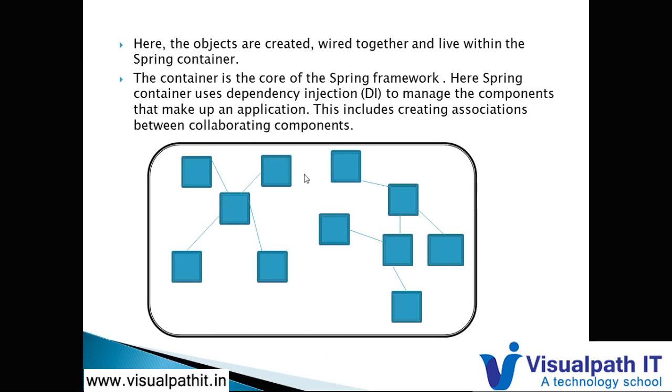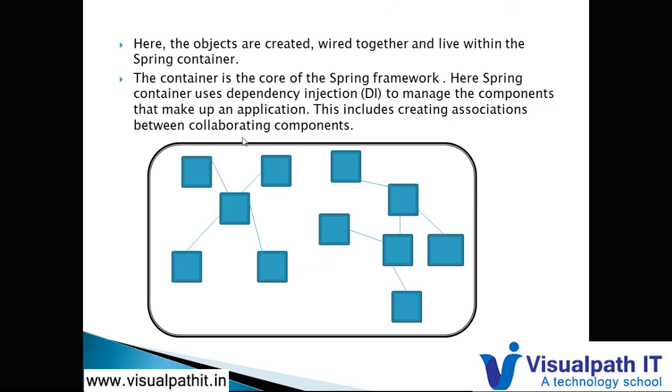As we already discussed, the container is the core or heart of the Spring framework, where this container uses dependency injection to manage the components that make up an application. Its functionality also includes creating associations and collaborations between these components. So the container is one of the most important parts of the core of the Spring framework.